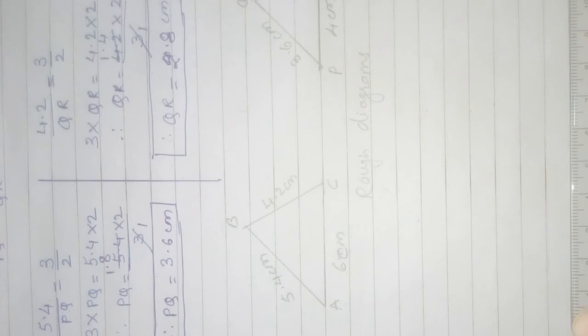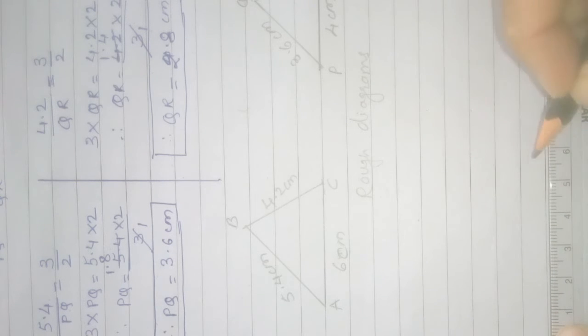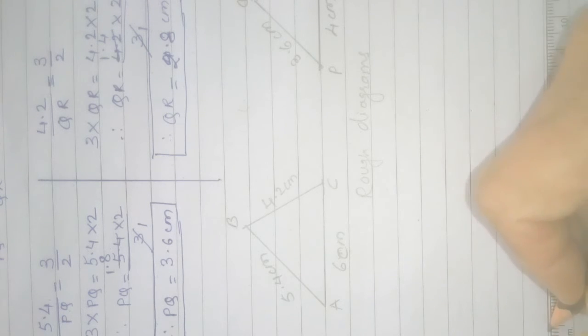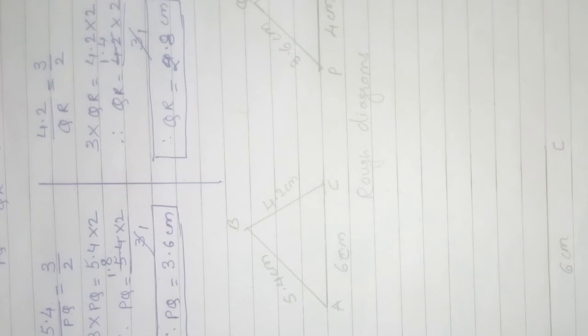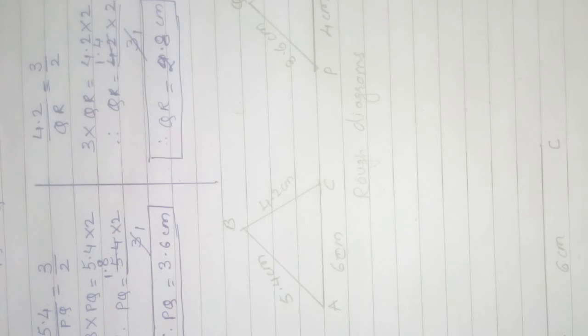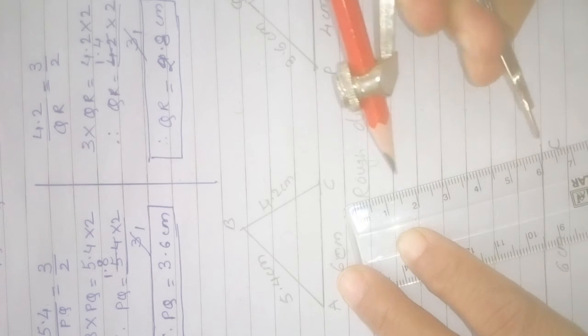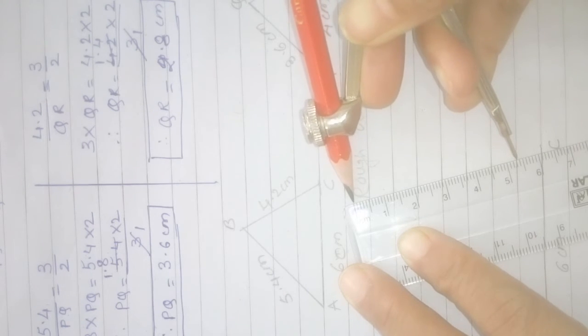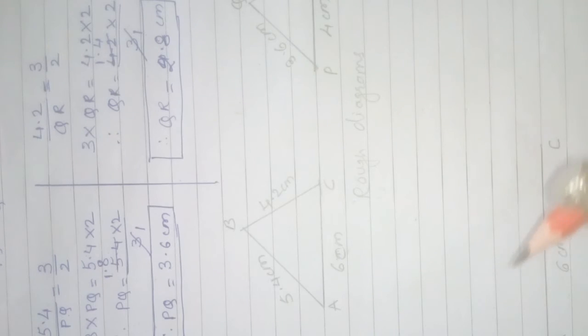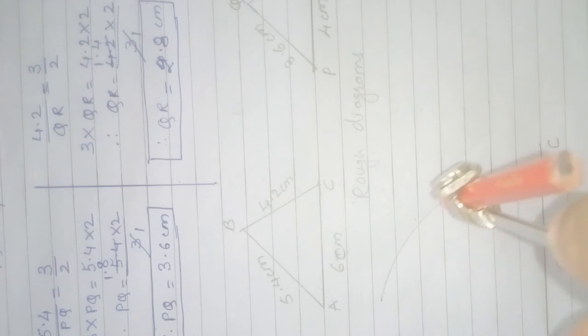Now AC is equal to 6 centimeters. So we have to take the perfect measurement. Immediately here we will write A and C and length 6 centimeters. Now in our compass we will take the distance of 5.4 centimeters, an accurate measurement, and draw an arc for AB.